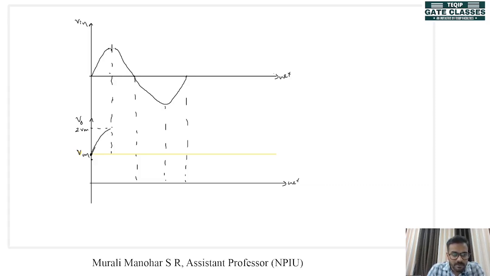When Vin equal to Vm, Vout is equal to Vm plus Vm, which is 2Vm. Again Vin is equal to 0, that means Vout is equal to Vm, right? Then when Vin reaches minus Vm, Vout will be 0. Let me redraw that.